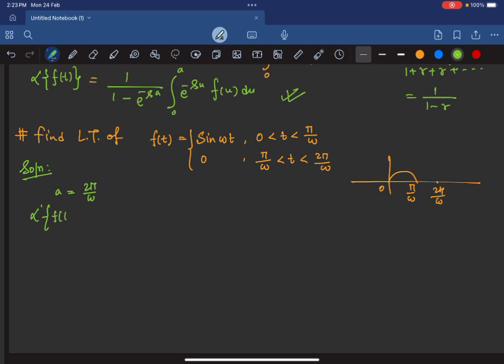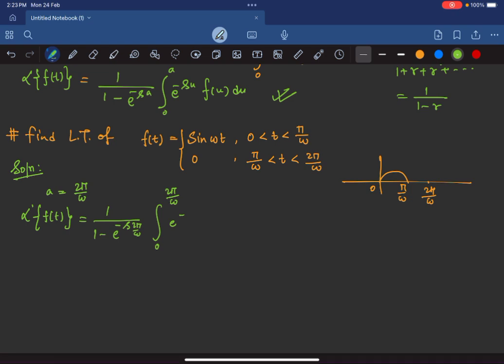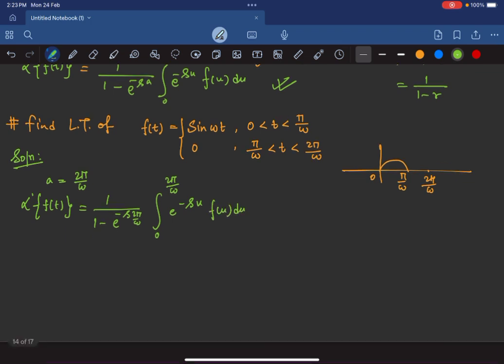Now the Laplace transform of this function f of t is given by 1 by 1 minus e power minus s into 2 pi by omega, integral 0 to 2 pi by omega e power minus su f of u du.